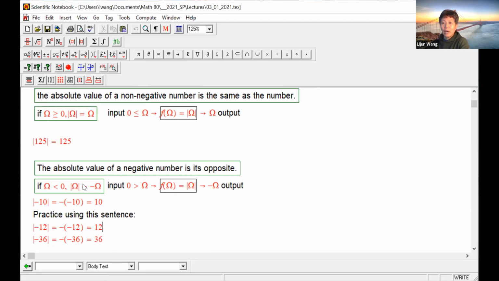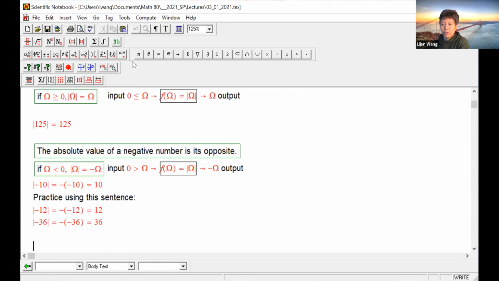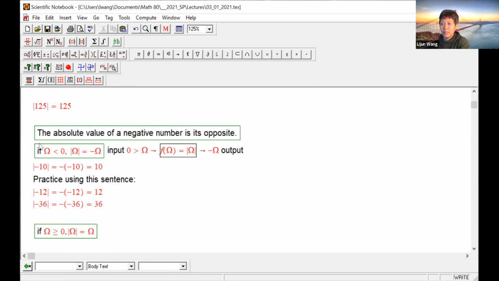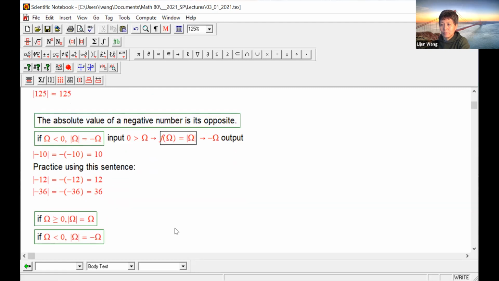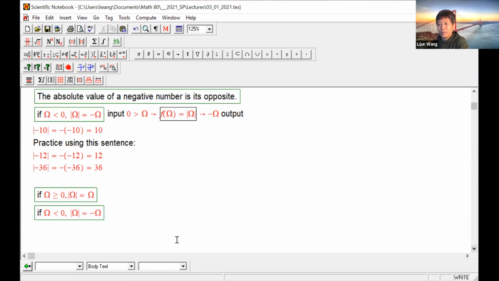Okay, so now we have these two sentences. We have this sentence, and we also have this sentence. How does mathematics condense these two sentences?